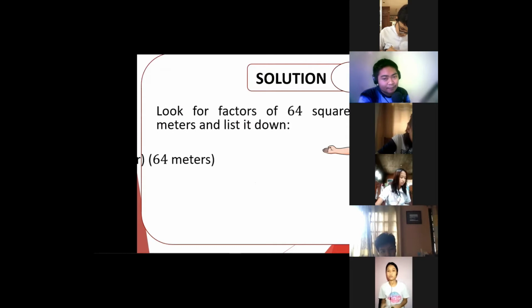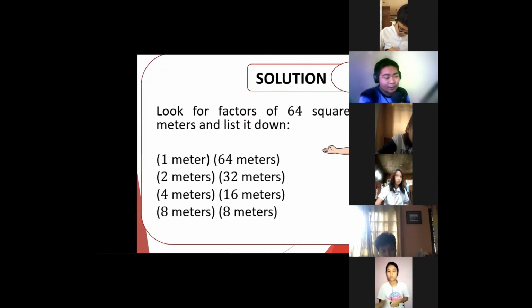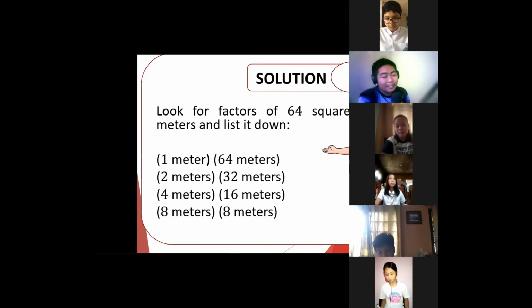Okay, so look for the factors of 64. Earlier it said 64 square meters, the whole square floor that he wants to renovate. Therefore, what are the factors of 64?